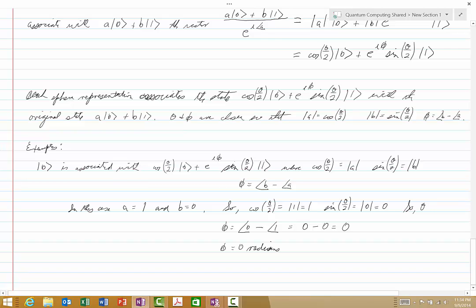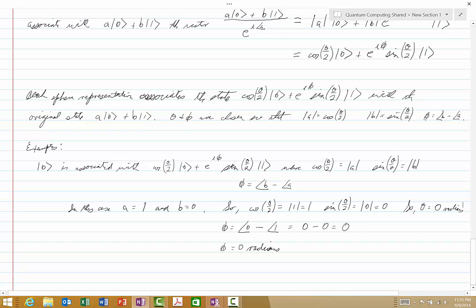Then the sine of theta over 2 is equal to 0. And so we have that theta is equal to 0. Theta is in the range from 0 to pi, and phi is in the range from 0 to 2 pi. So theta is 0 radians, and phi is 0 radians.